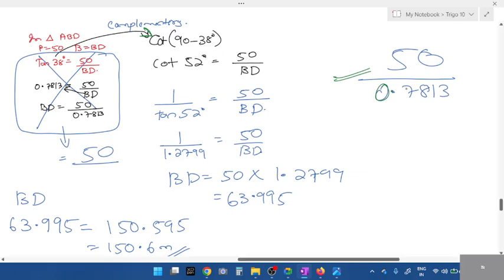Okay. For homework, if you want, you divide and check once. You divide this, see if you're able to divide it. If you're getting the answer, then you can use tan 38. No problem. You can use tan 38.